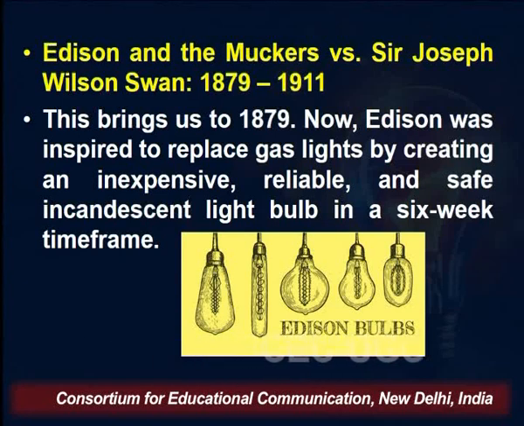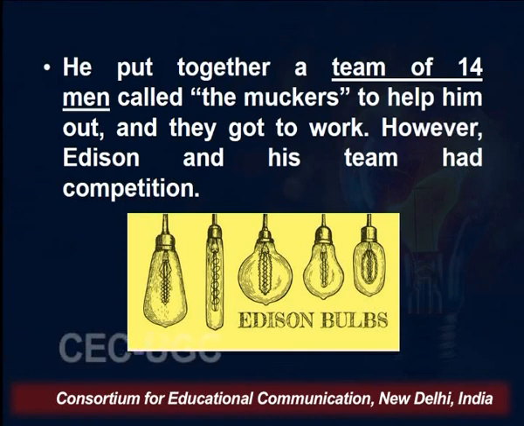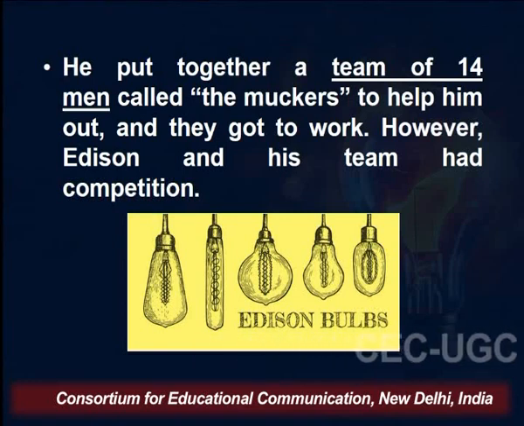Then he defined the incandescent bulb, which is inexpensive as well as reliable and safe. So that was achieved by Thomas Alva Edison. He put together a team of 14 men, and they helped him out, and Edison and his team discovered the Edison bulb.